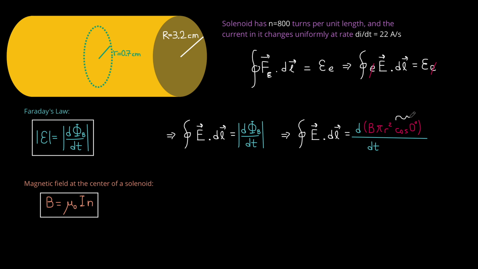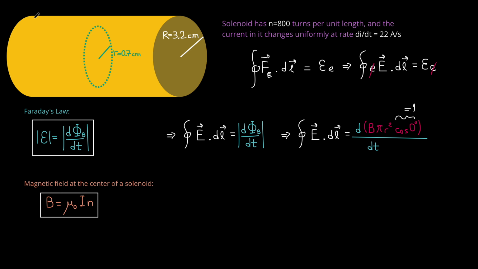Here cosine 0 is equal to 1, and the magnetic field magnitude is equal to the magnetic field due to a solenoid, which is mu 0 times I times n, I being the current in the solenoid, n being the number of turns per unit length in the solenoid.